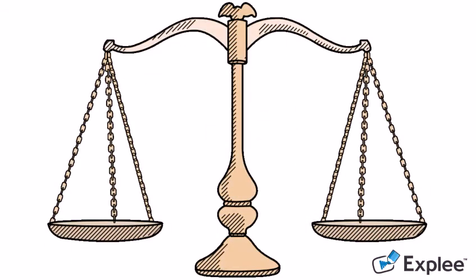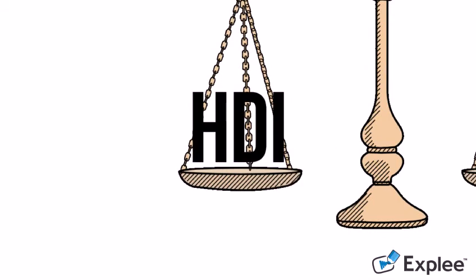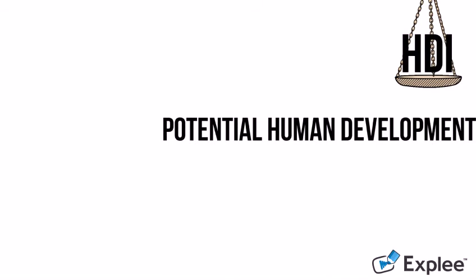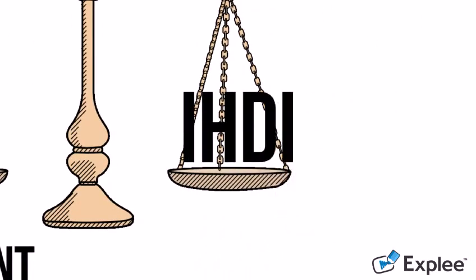So while the HDI can be viewed as an index of potential human development, or the maximum IHDI that could be achieved if there was no inequality, the IHDI does take this into account.